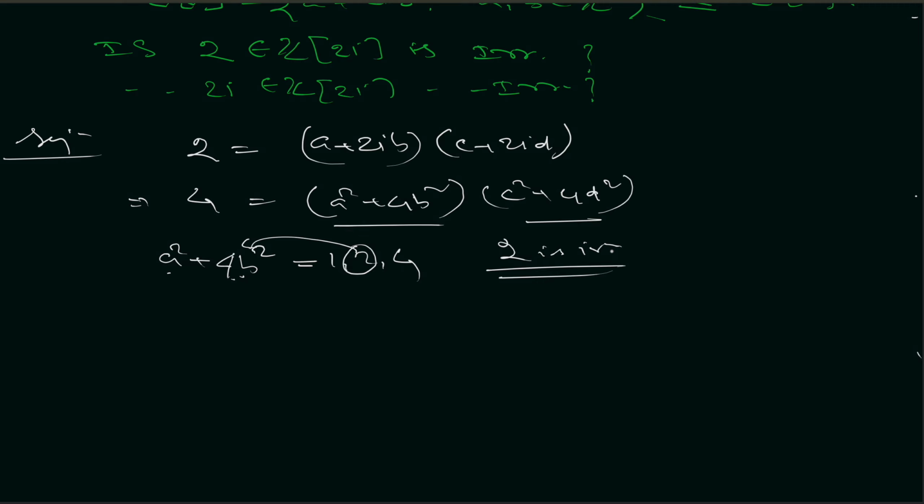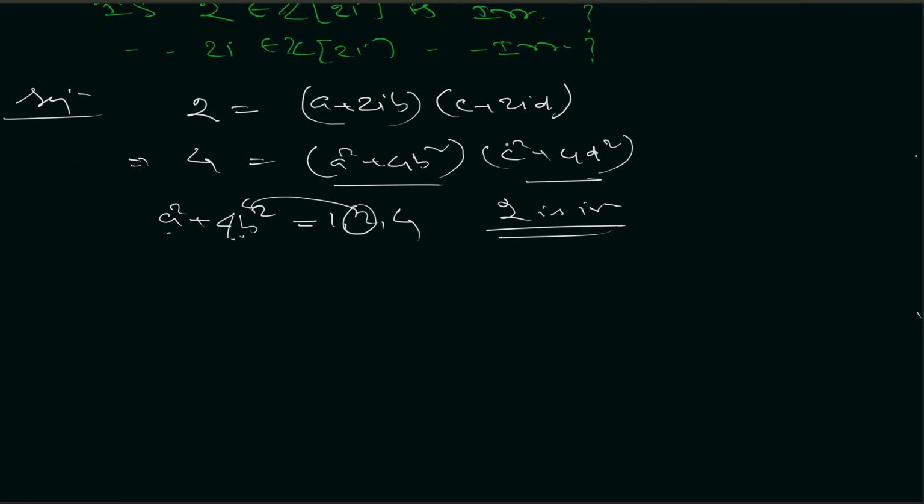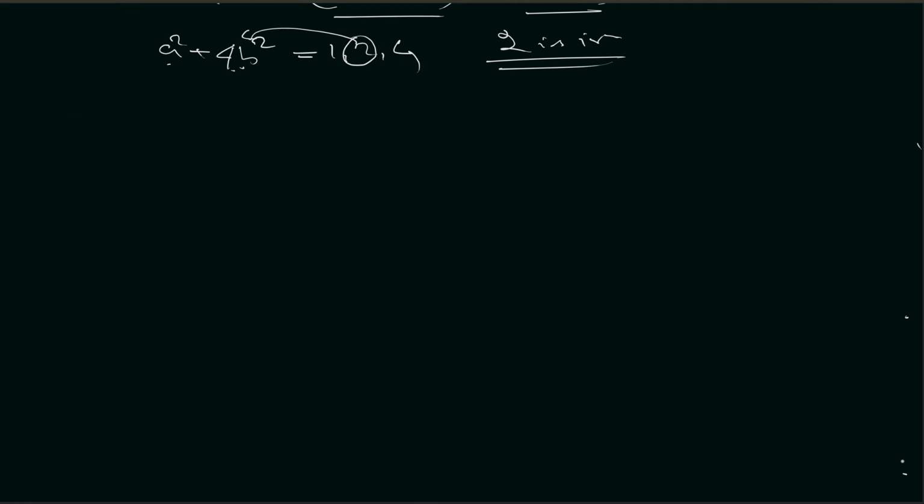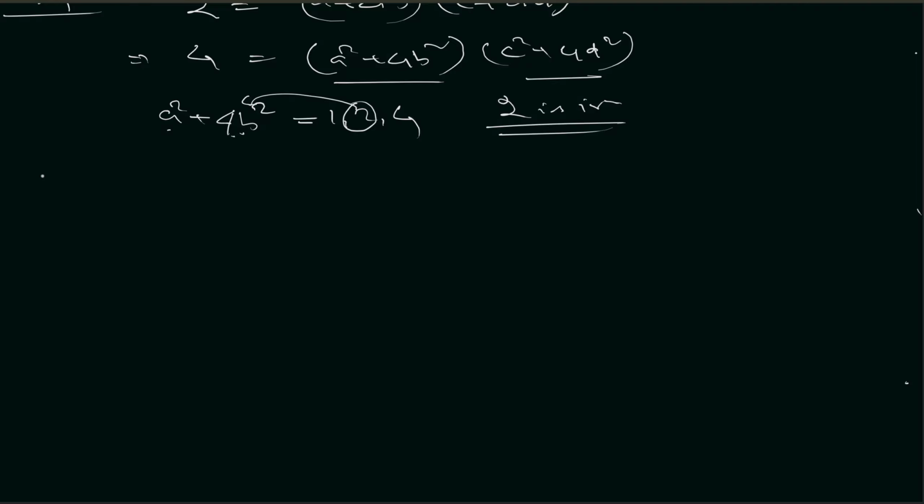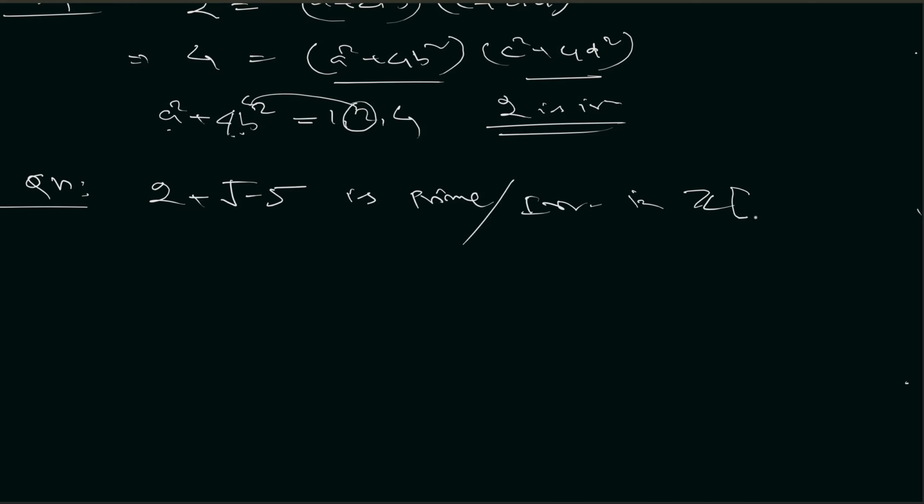Okay, so what else can I take? Should I give some more examples, or what do you think? So another question: is 2 plus square root of minus 5 prime or irreducible in Z[square root of minus 5]?